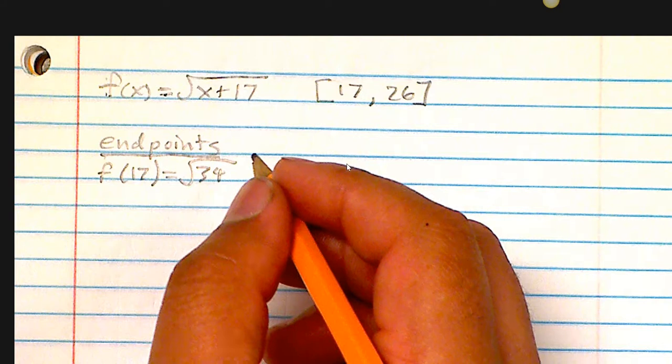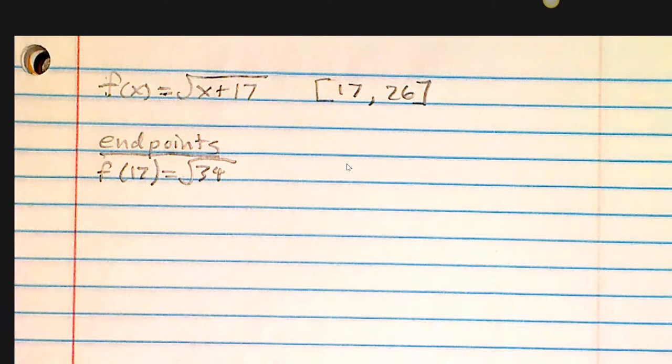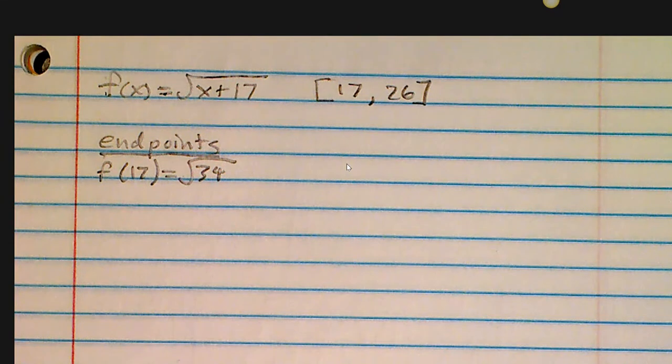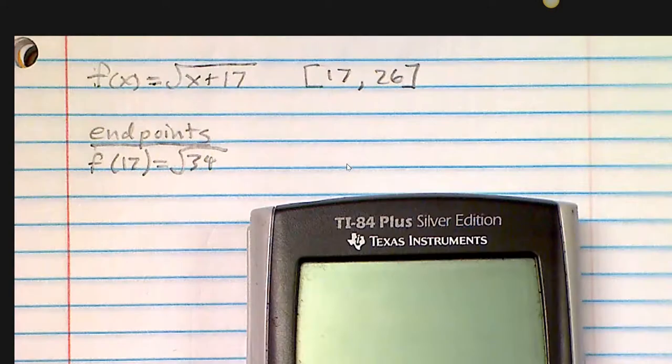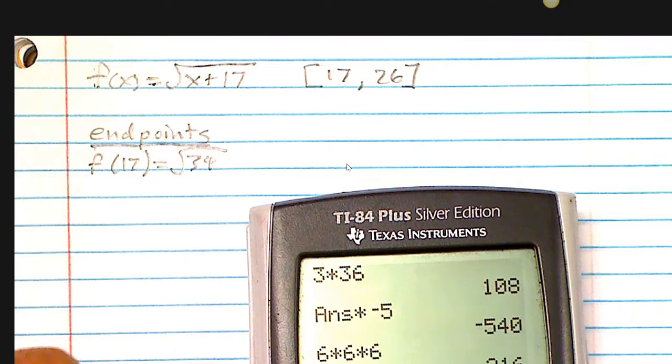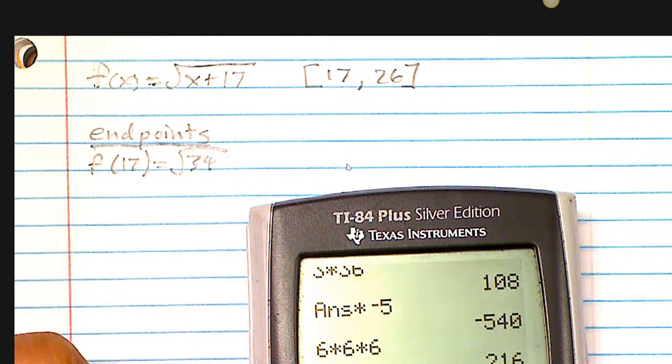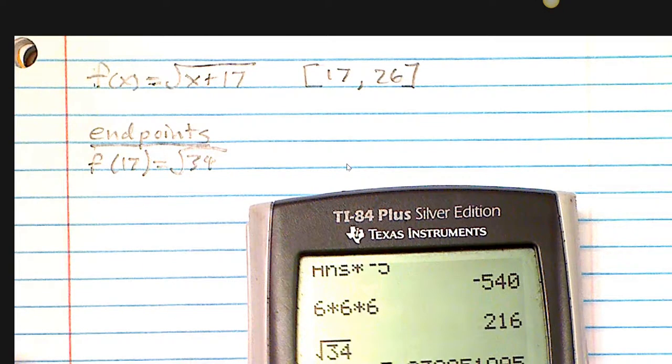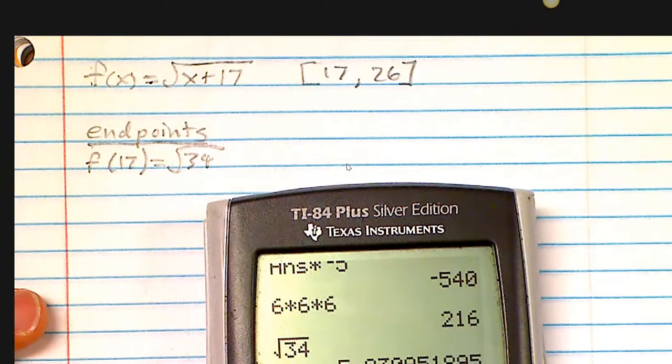So hopefully I get my calculator on me. Cool, yeah. So it helps to know what the decimal is. So let's look at the square root of 34. Alright, so that's about, y'all saw that right? Yeah, 5.8.